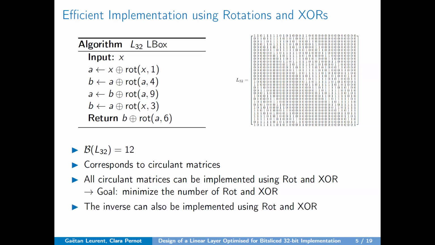And conversely, the inverse of the linear layer that corresponds to a circulant matrix can also be implemented using XORs and rotations. And here, when I spoke about the branch number, in fact, I spoke about the differential branch number, but there also exists a linear branch number. And here, in our context, both are equal.